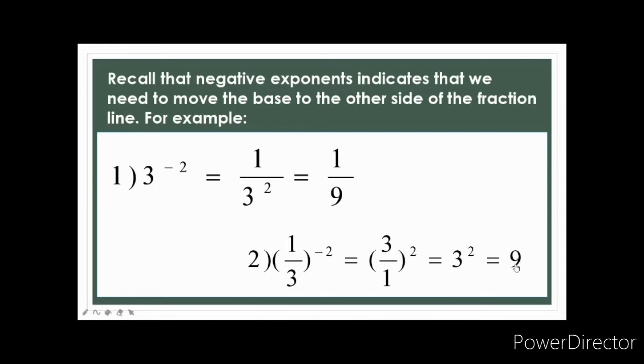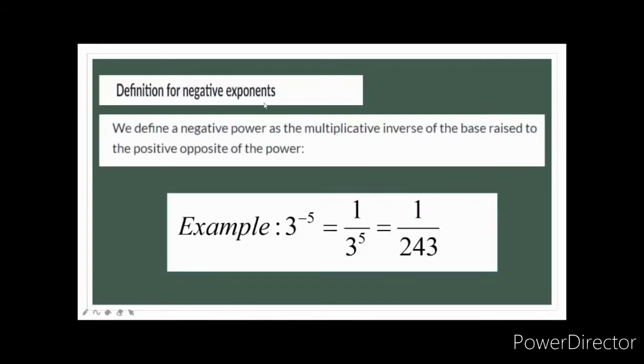The definition for negative exponents: we define a negative power as the multiplicative inverse of the base raised to the positive opposite of the power. Example, you have 3 raised to negative 5, that is equivalent to 1 over 3 raised to positive 5.